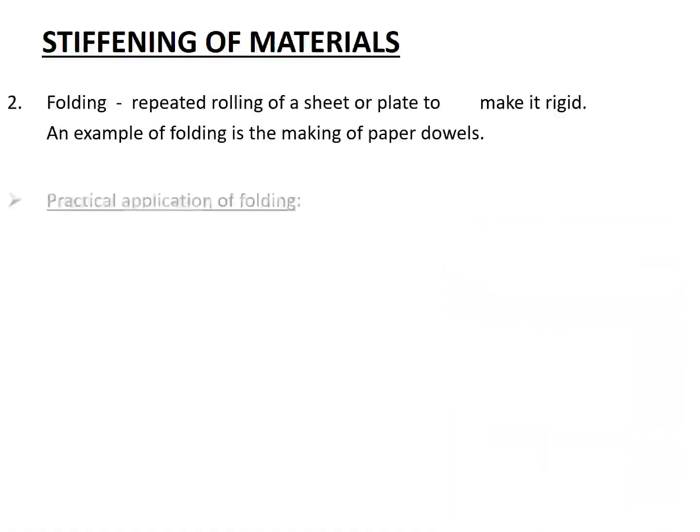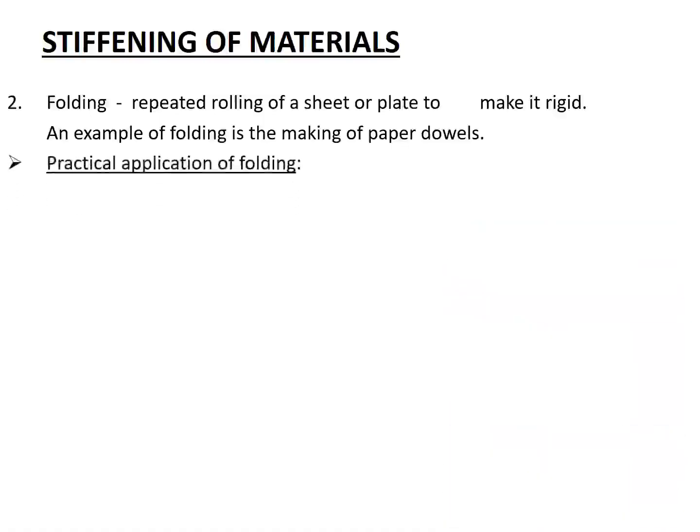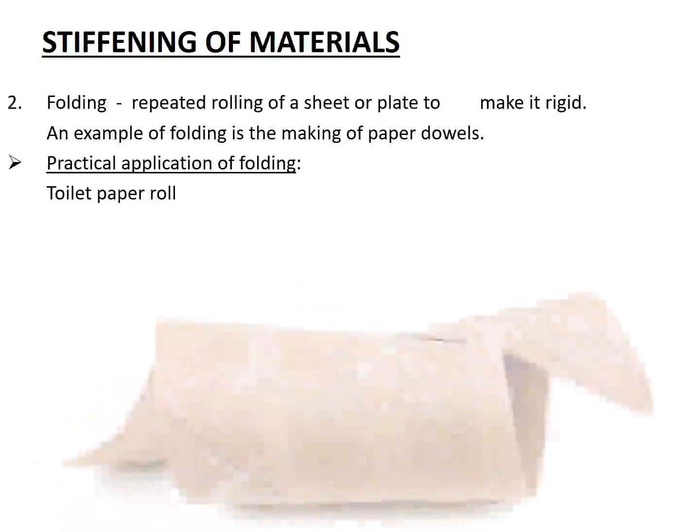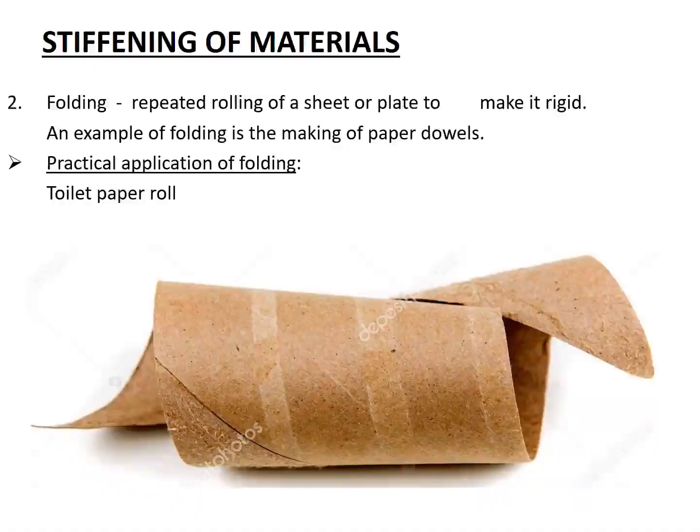In our everyday life, the practical application of folding is the making of the toilet paper roll. Very interesting. This is how they look. Toilet paper is rolled on top of this toilet paper hardboard roll, and this roll was made through folding. Let's check the roll when it is unfolded.